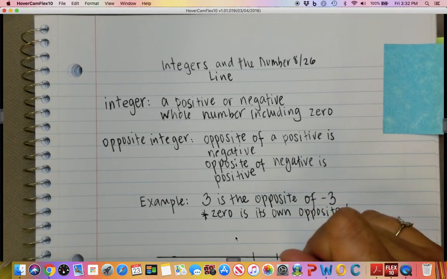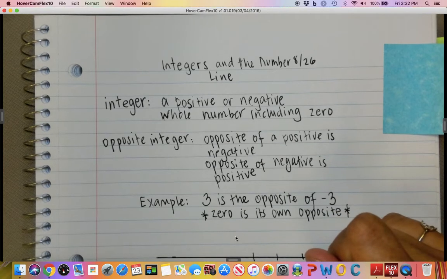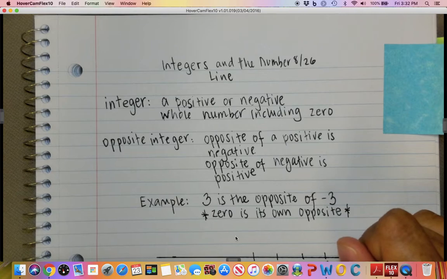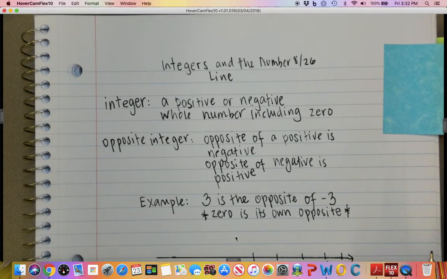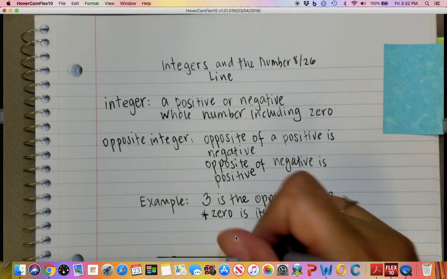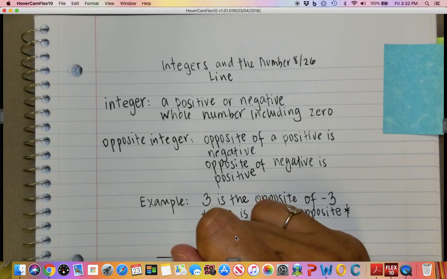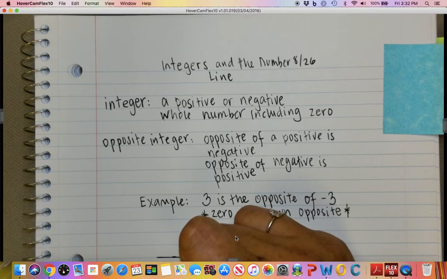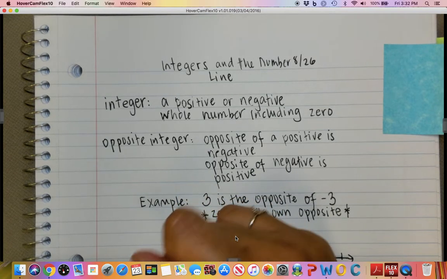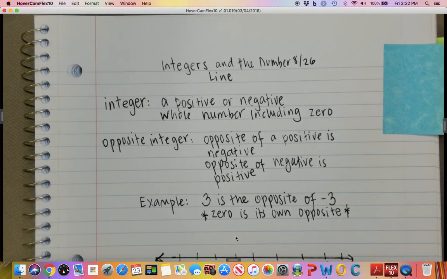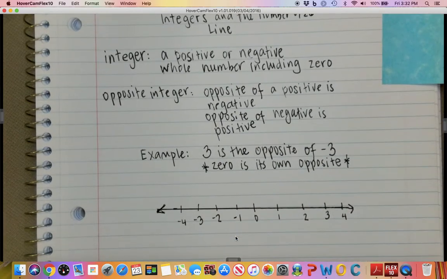And then I'm going to label 1, 2, 3, 4. And then my arrows to indicate that my line goes on forever. -1, -2, -3, -4, and an arrow to indicate my line goes on forever.